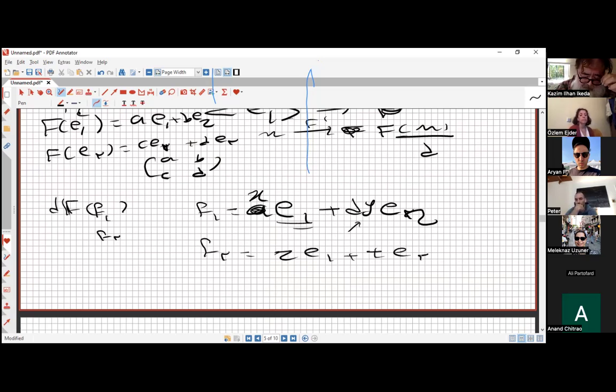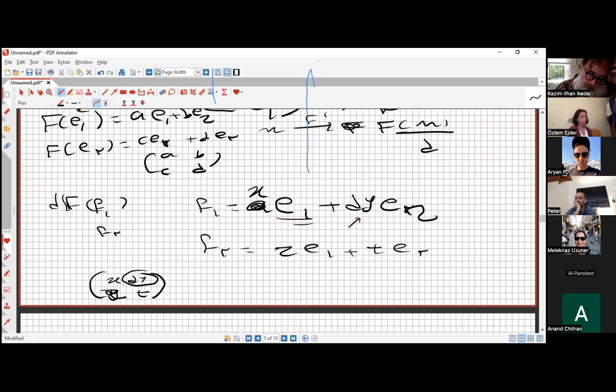So matrices that I could use to change coordinates have this special form. They are of the form x, z, t, dy. One component should be divisible by d.